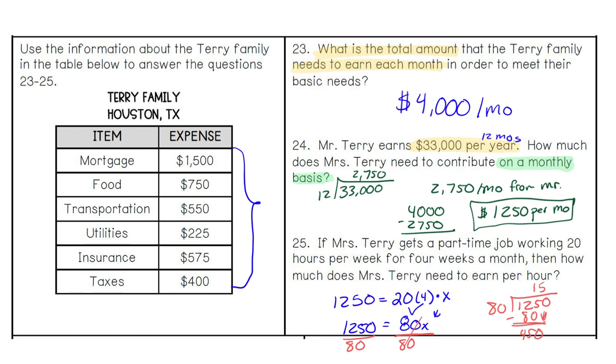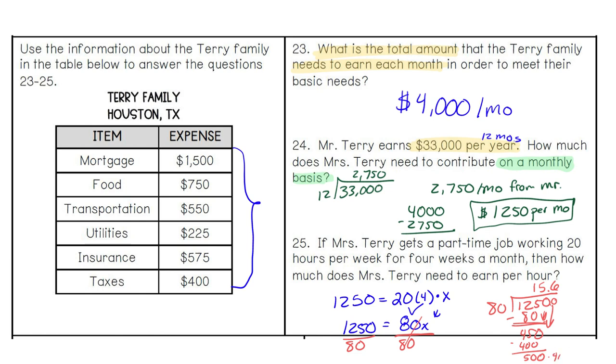That gives me 400. I subtract, it gives me 50, put a decimal, bring down another 0. 80 goes into 500. How many times? Goes in 6 times, which equals 480.